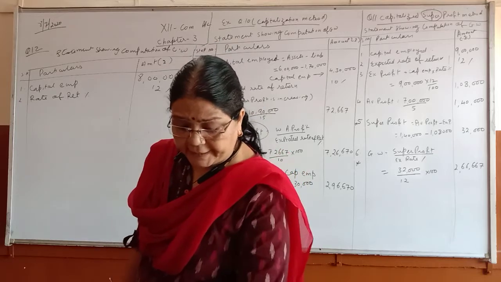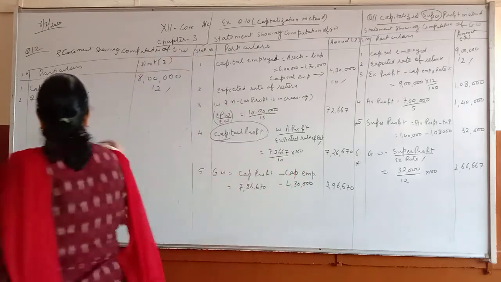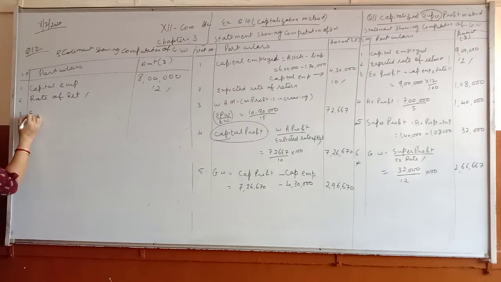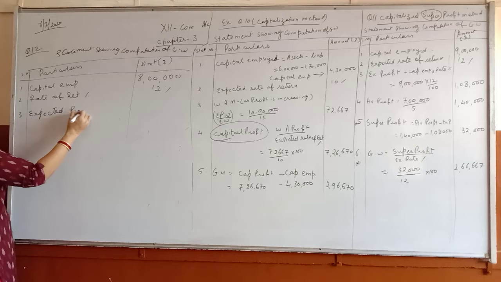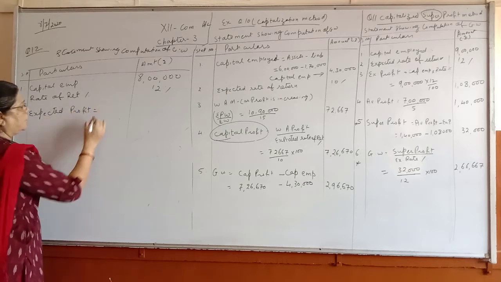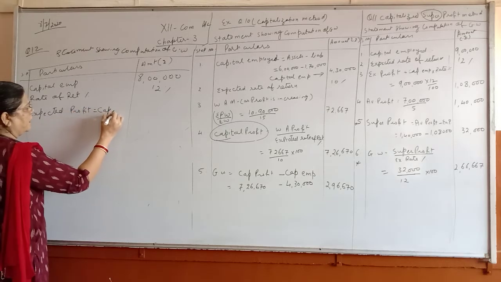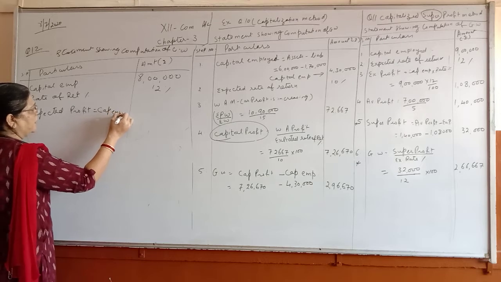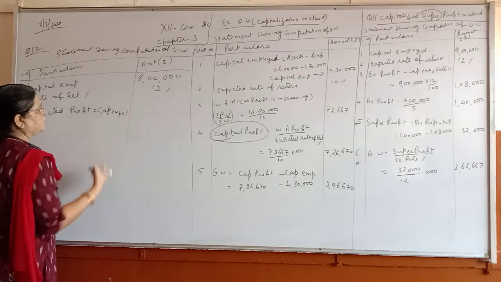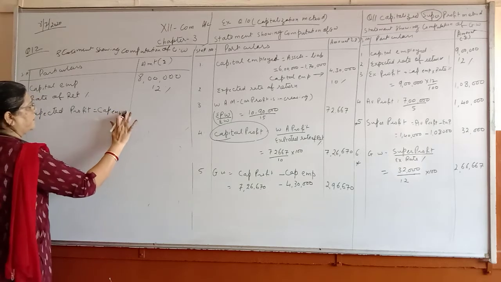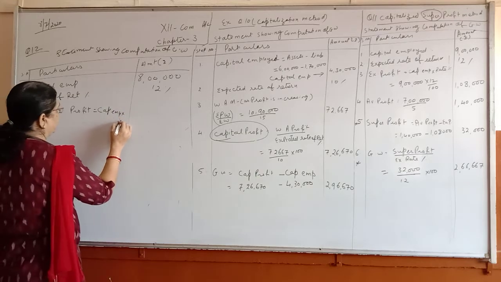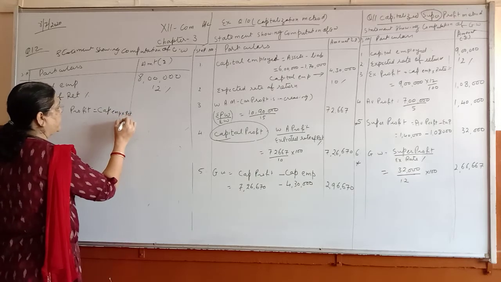Then in third, expected profit. How much profit do you want? Expected profit is equal to capital employed multiplied by return percentage.